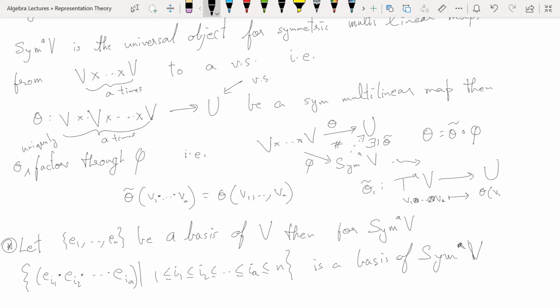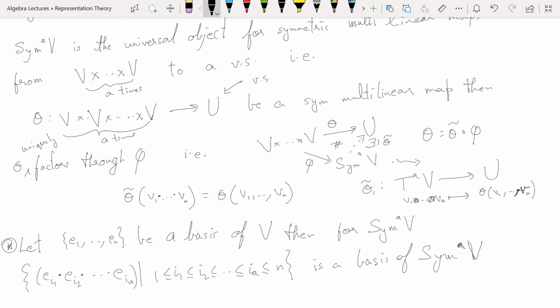That is the multilinear map you start with, part of the definition of T^A V. And T^A V has the universal property that given any multilinear map to any other vector space, it factors through T^A V. So giving a multilinear map from A copies of V to U is the same as giving a linear map from T^A V to U.